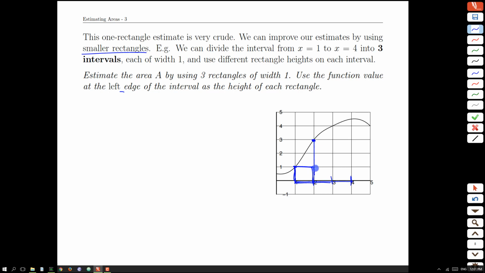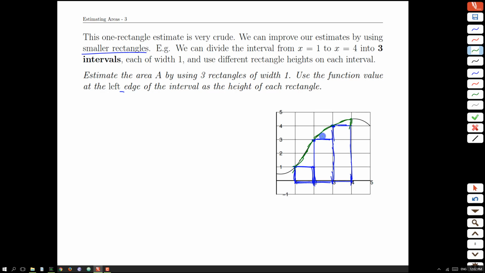Let's take the left endpoint here and build a rectangle that high, and then a rectangle again on the next interval that's as high as the graph is. And you see those 3 rectangles together are much closer to the area underneath the graph.